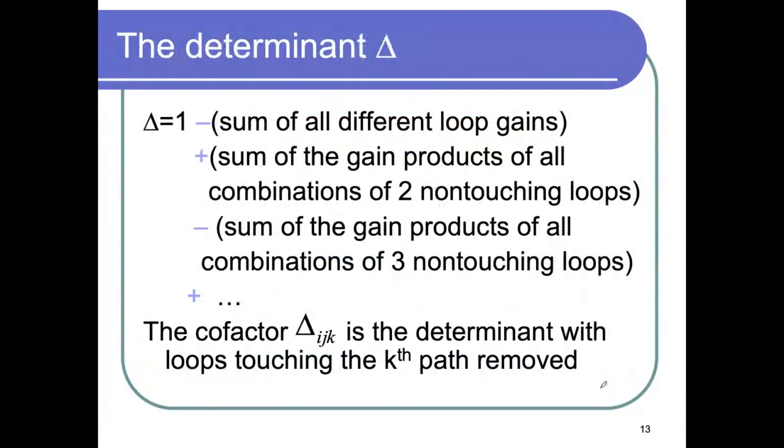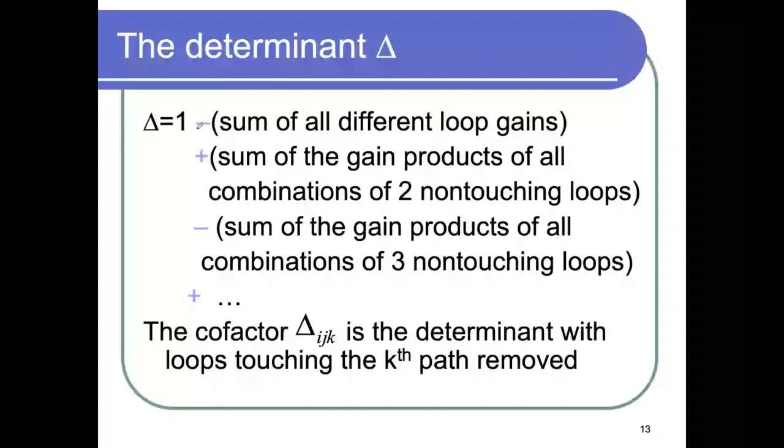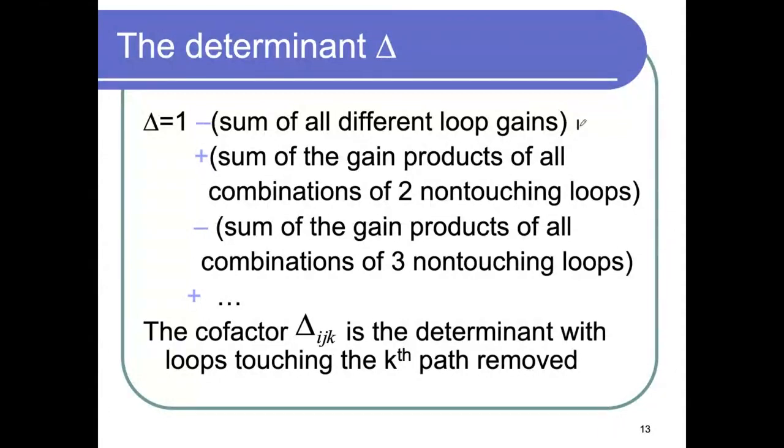So Pijk is the gain of the kth path going from i to j. Delta is the determinant of the graph. Every graph has a determinant, and we will compute it and tell you how to get it. And for every path, there is what's called a cofactor. So what you do is from i to j, you see how many paths you have.